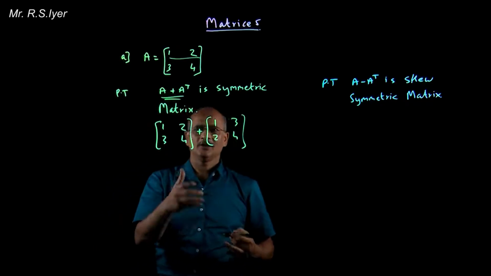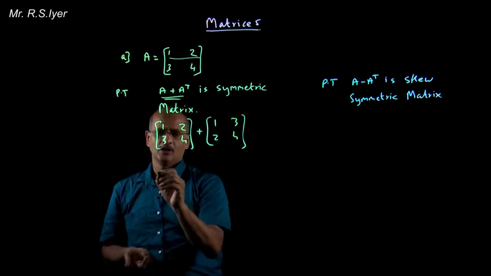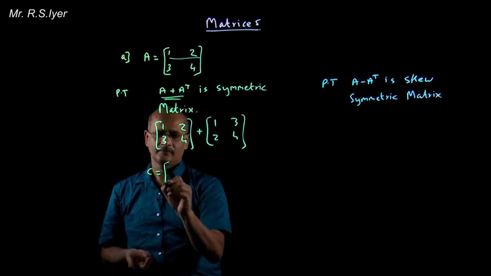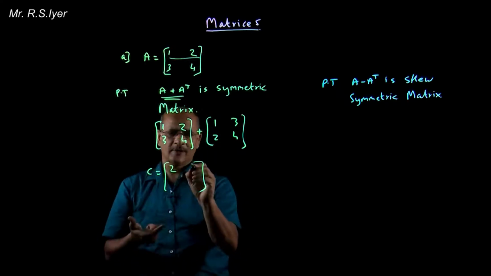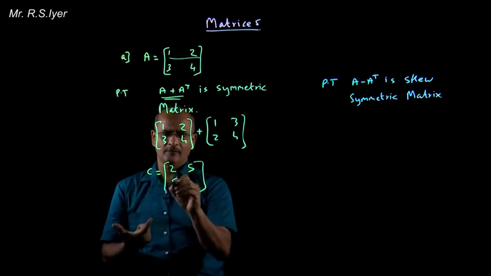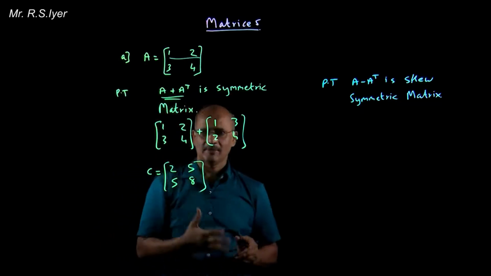Okay, so I got, now matrix plus matrix will be another matrix. So let us take this as C. Okay, so I will just put C as 1 plus 1, 2, 2 plus 3, 5, 3 plus 2, 5, and 4 plus 4, 8. So I got C matrix.